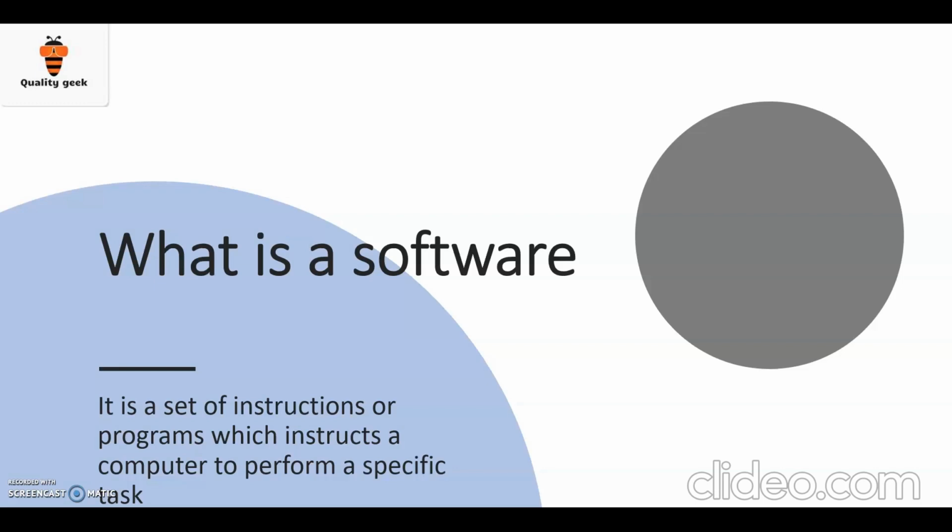So in simple words, we can say any application which helps the customers to do transactions online is called a software. So we do have desktop applications as well. We have desktop softwares as well. We have web application softwares which helps customers to do the transactions online. So let's go ahead with other topics.